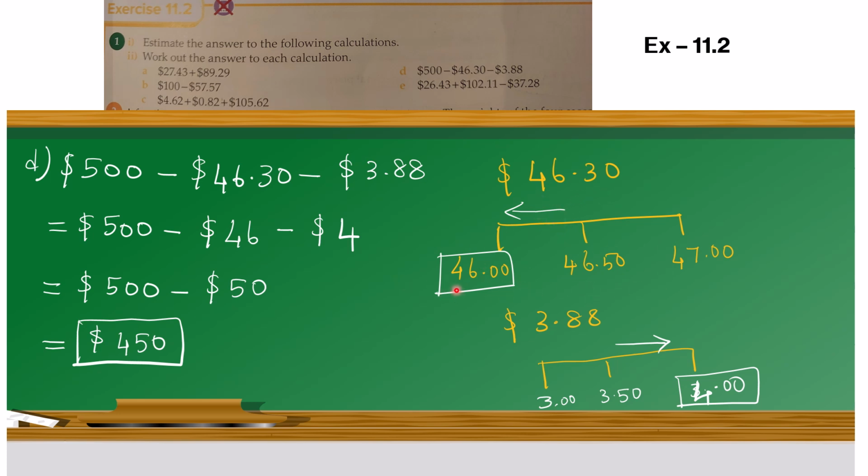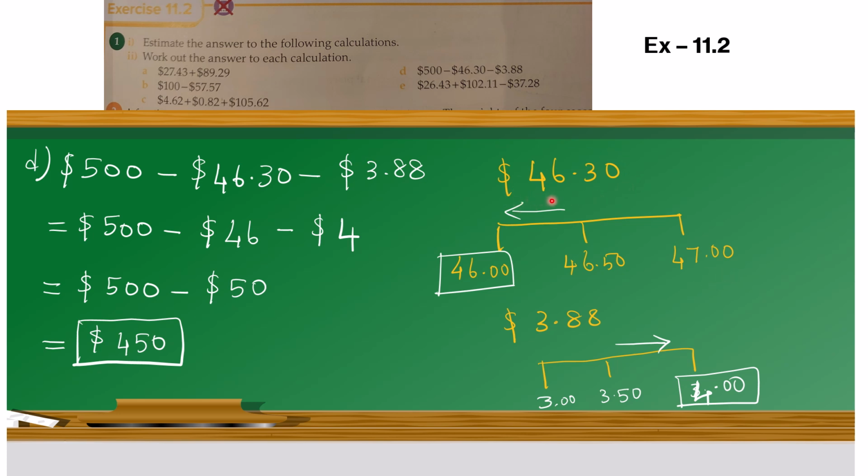So number line is 46.00, 46.50, 47.00. Why did I write like this? Because after the decimal point we have two decimal places. So we are using the number line also with two decimal places. So the values are 46.00, 46.50, 47.00.